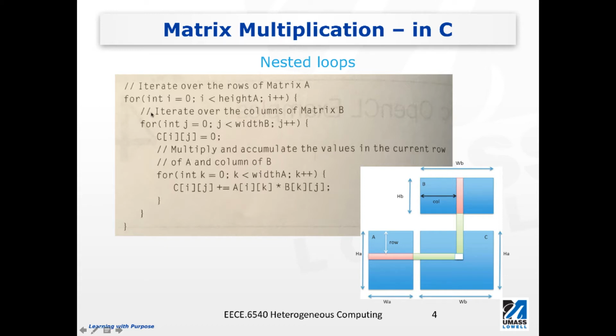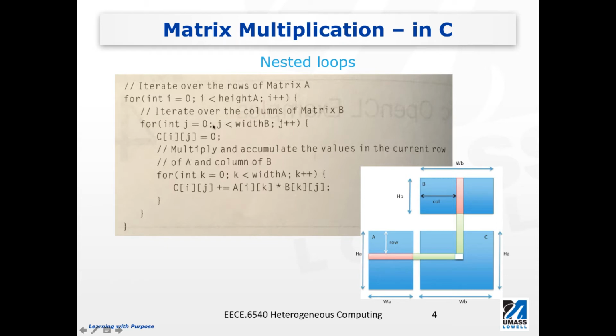In the first loop, we use iteration variable I to go from 0 to height of A. This essentially goes over every single row of matrix C.